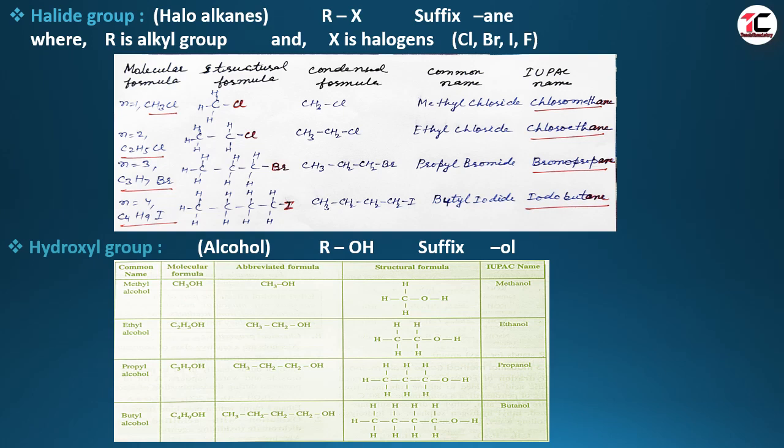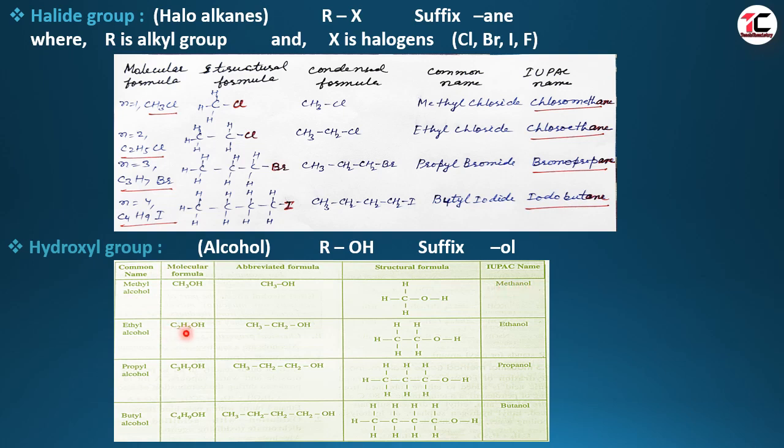Its structural formula is like this. Carbon is at the center. 3 valencies of carbon are satisfied by hydrogen and 1 valency with OH, the hydroxyl group. Its condensed formula is CH3OH. Its common name is methyl alcohol and IUPAC name is methanol.